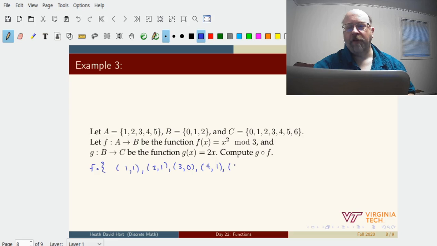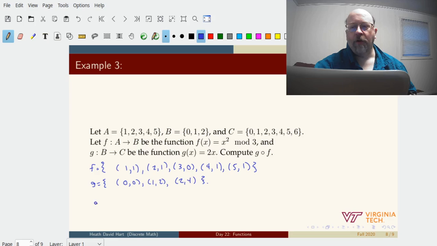And 5 goes to 25, and 25 mod 3 is 1. So everything goes to 1 except for 3, and 3 goes to 0. G is just a function 2x, so 0 goes to 0, 1 goes to 2, and 2 goes to 4.